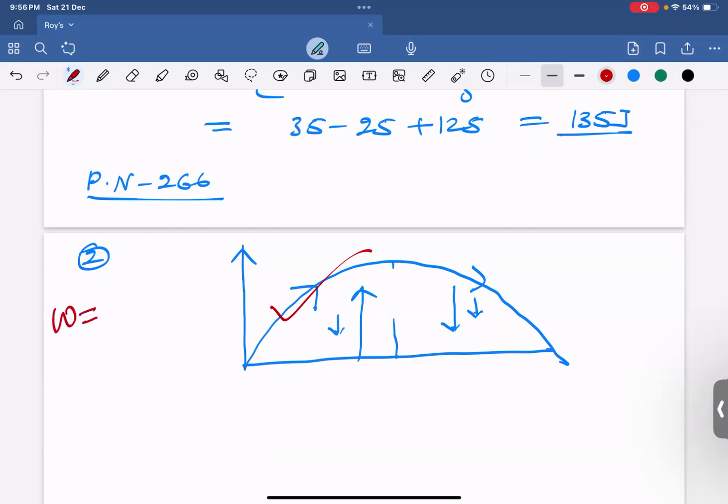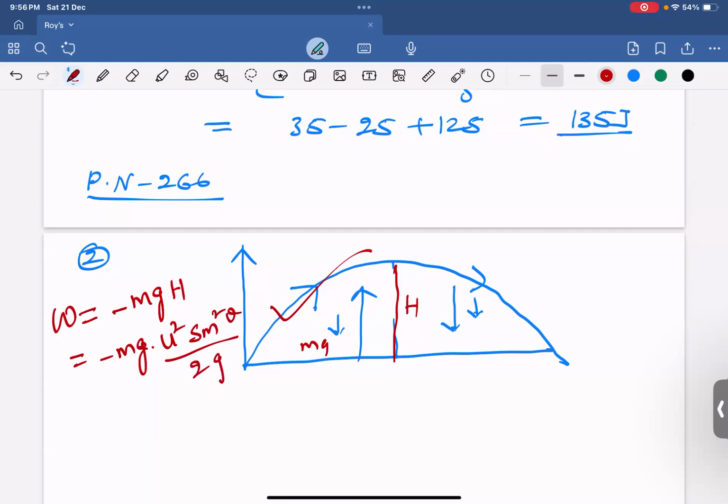So mg is acting downward and it has gone up to height h. So minus mg into h. The formula for h we know, and mg stays. H is the maximum height reached in projectile motion. It is u square sin square theta divided by 2g.